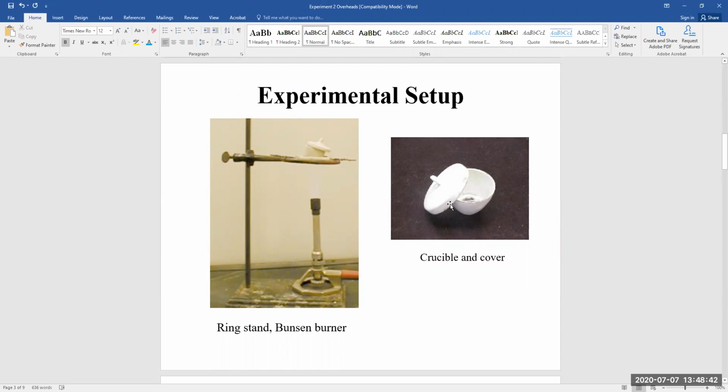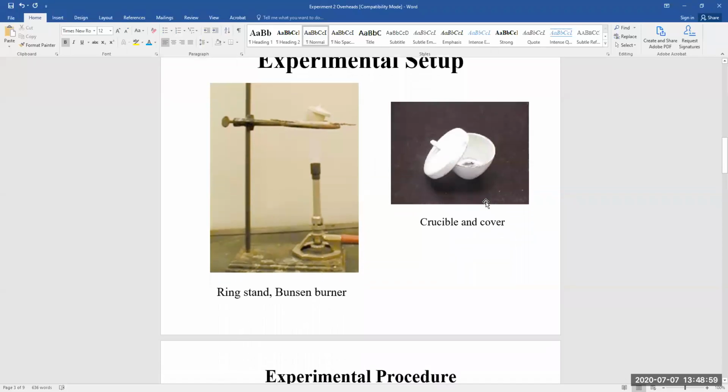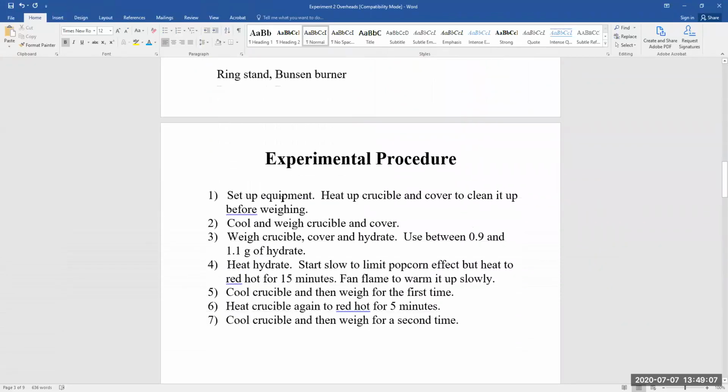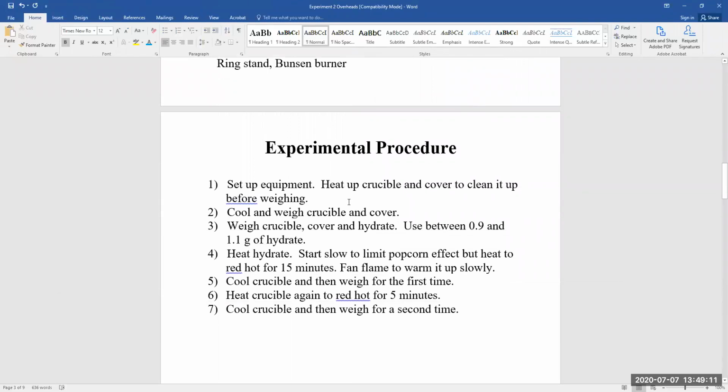However you do it, whether you rinse it with water and soap and remove the water, or you try to burn off whatever's in there that could mess up your experiment, you're going to have to warm up the crucible to a really high temperature to make sure any residues are gone. You don't want that to be weighed as part of the hydrate. So the first thing you do is set up your equipment, and heat up the crucible and cover to clean it up before weighing, all right?